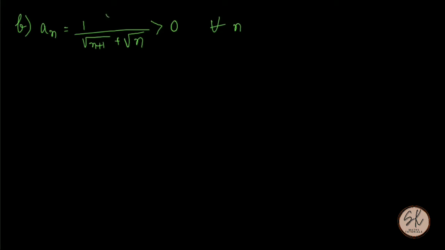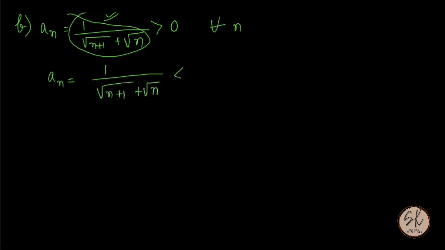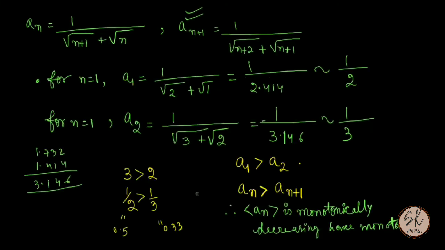Now this a_n is always less than 1/(√n + √n). You can prove this using the same thing.